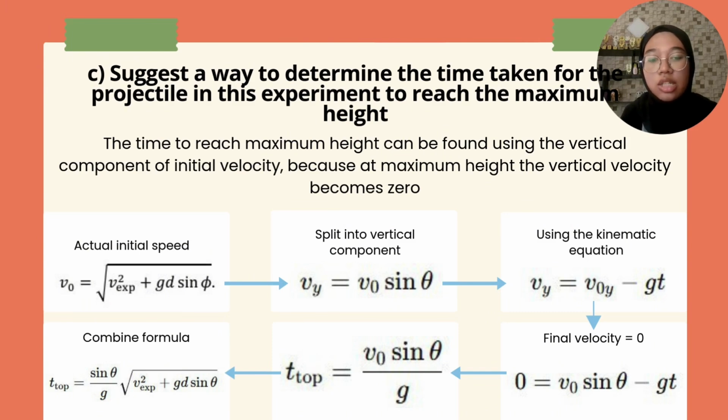Then we rearrange the formula until t becomes the subject. So, t top equals v naught sin theta over g. Then, we substitute this equation into the actual initial speed of the experiment, which is the first equation. Then we get t equals sin theta over g times the square root of v squared experiment plus g d sin theta.